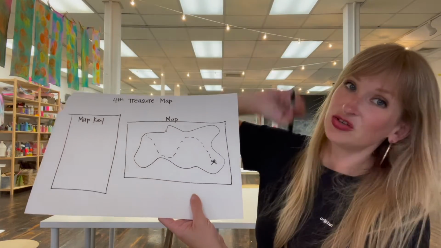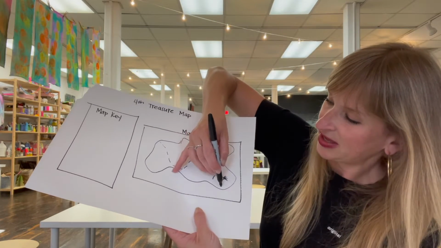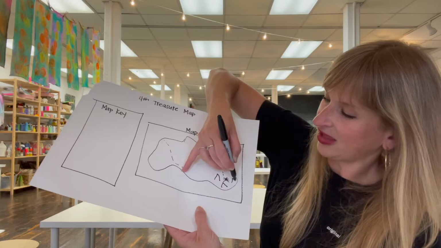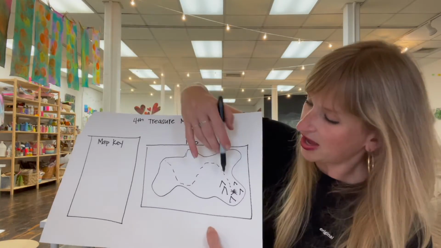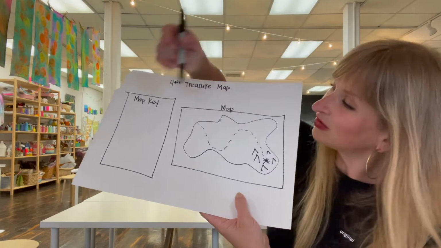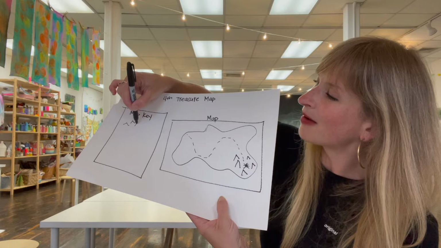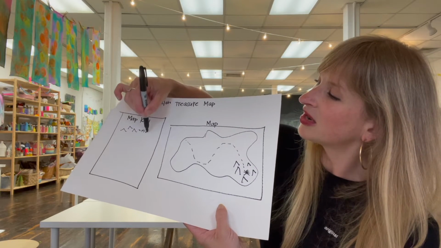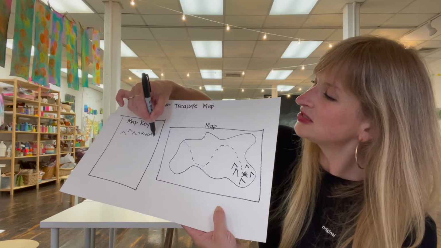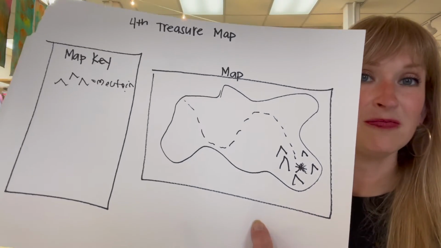So let's say my treasure is over here, deep in the valley of the mountains. I drew a bunch of triangles for my mountain range. Over here on my map key, I'm going to draw my triangles and then write what they belong to: mountains.